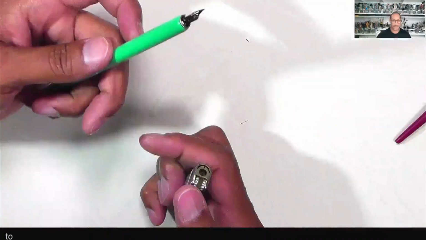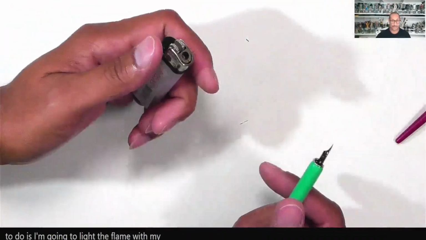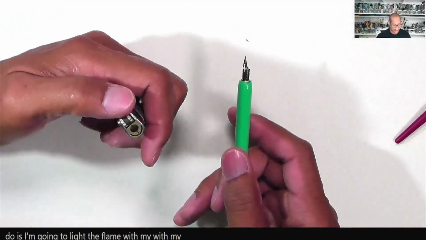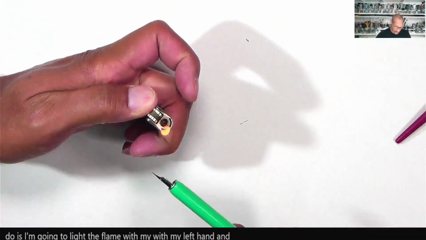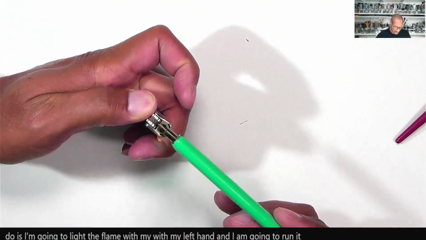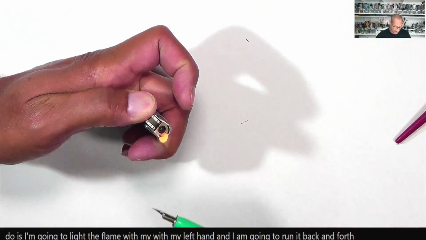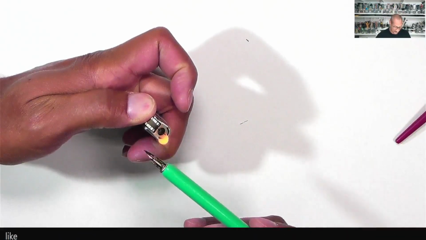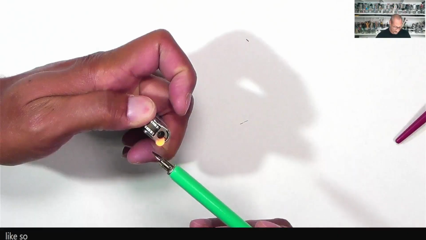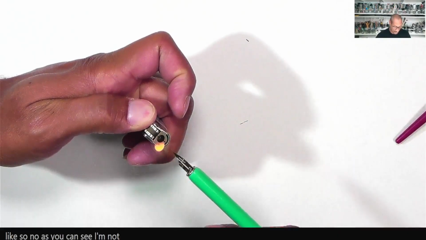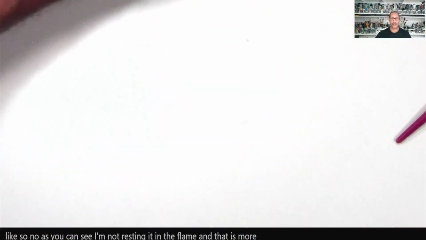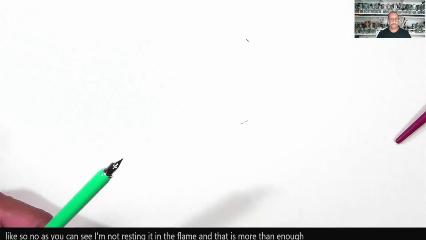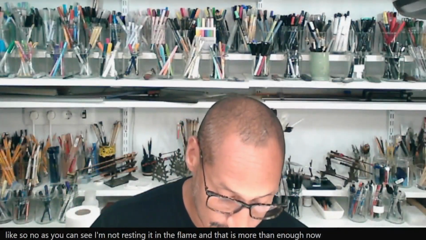What I'm going to do is I'm going to light the flame with my left hand, and I am going to run it back and forth through the flame like so. Now, as you can see, I'm not resting it in the flame, and that is more than enough.